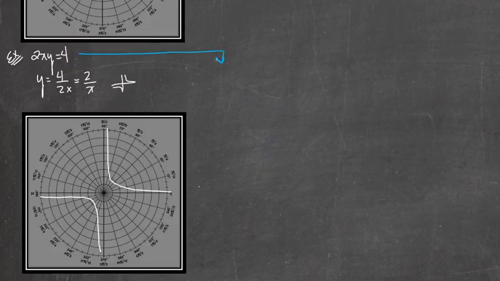So now let's make our conversion to the polar form. Easily enough, I can see that 2 times x, we're going to convert that to r sine theta. Excuse me, that's not correct. 2 times r cosine theta times r sine theta equals 4. I can do a couple of things here.